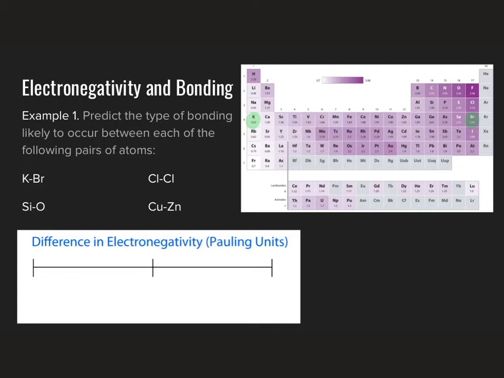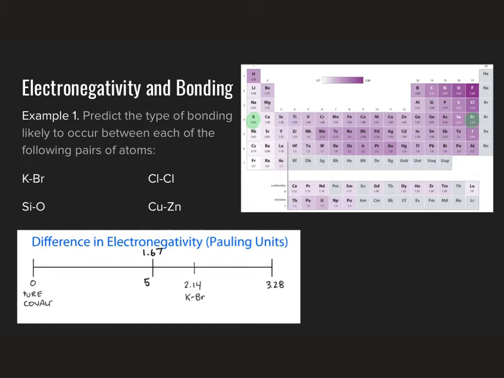So if we do a quick calculation here, we find a difference in electronegativity between potassium and bromine of 2.14 Pauling units. We'll plot that along our scale, remembering again that the difference in electronegativity can range between 0 in a pure covalent bond up to about 3.28 in that cesium-fluorine bond.